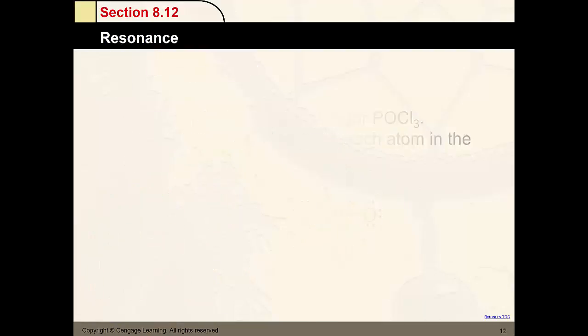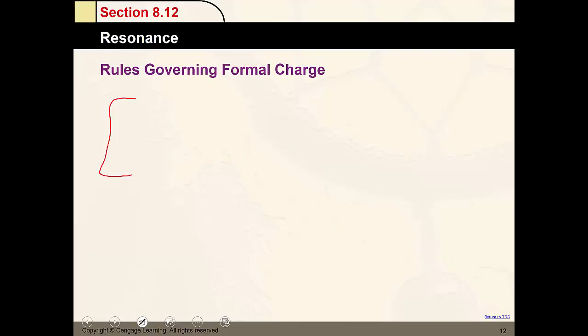Another example of this would be something like SO4 2-, and we can figure out its structure. If we thought for SO4 2-, all of these were single bonds between the sulfur and the oxygen, we would get a structure like this, with each oxygen having 3 lone pairs of electrons.